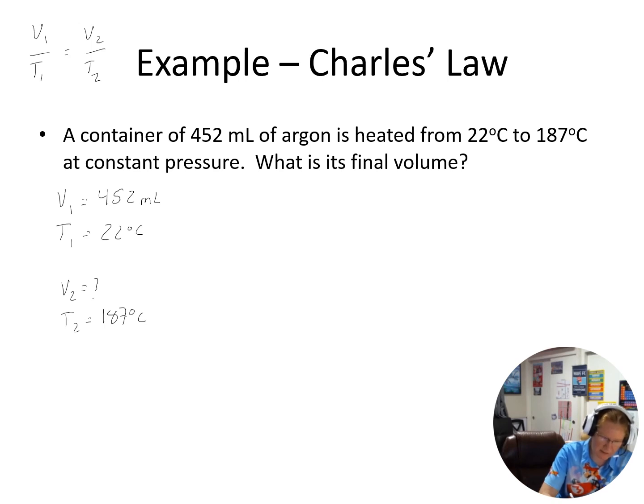All right, so we're going to convert this. So we're going to take 452 mils. We get 1 liter in every 1,000 milliliters. So we're going to get 0.452 liters. Okay, going from Celsius to Kelvin, we're going to add 273.15. And so we're going to get 295.15 here.